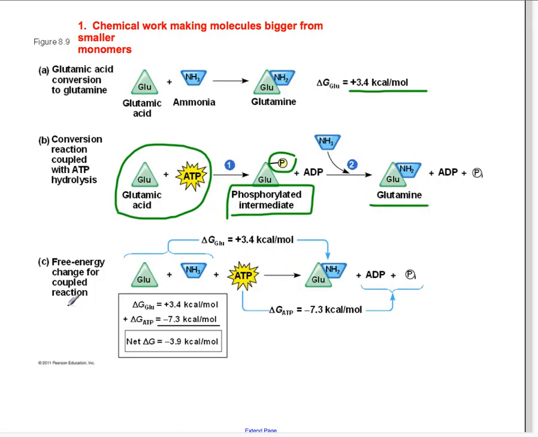So when you put energy into the reaction, you need 3.4 kilocalories per mole. With ATP, negative 7.3 kilocalories per mole of energy is released. And so the net change in delta G is negative, making this a nice spontaneous reaction overall.